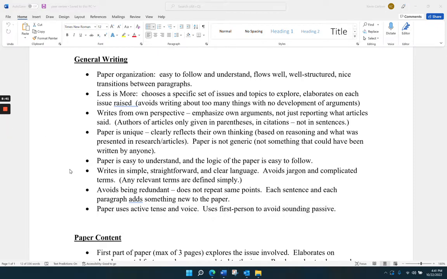For a lot of these things in general writing, one piece of feedback that I give people as they're drafting their paper is to have somebody read it out loud to you. Because often when you're writing a paper, you think it's okay. You've said something and you think it flows well, but you've been staring at the paper.